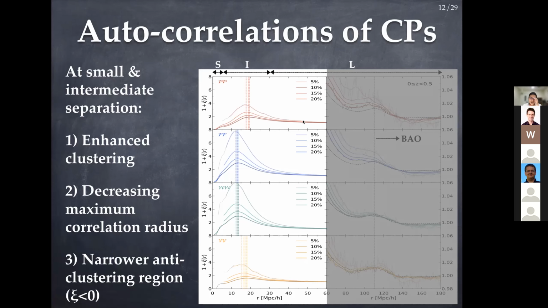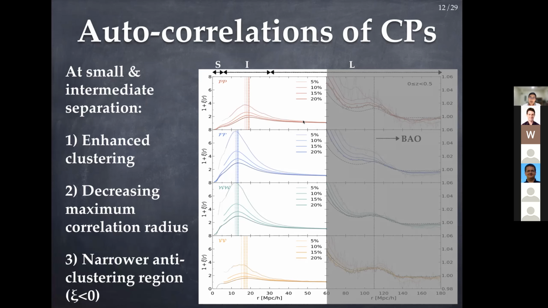So it means for rarer critical points, the clustering is enhanced, meaning they are more clustered. And it can be understood in terms of linear bias of critical points with respect to the linear dark matter correlation function.